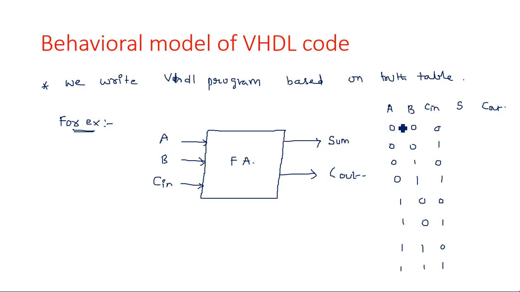Sum is nothing but the addition A plus B plus C. For 000, sum is 0 and carry is 0. Here sum is 1, carry is 0, sum is 1, carry is 0, and here sum is 0, carry is 1, because 1 plus 1 gives carry 1, sum 0, and so on.